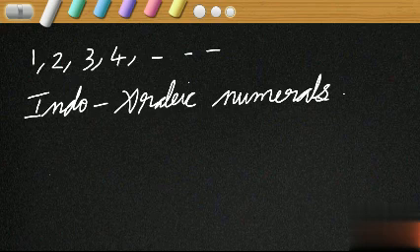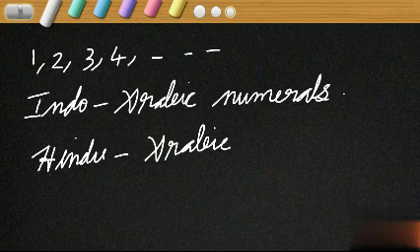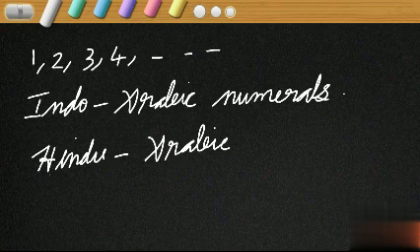Indo-Arabic numerals. In other words, it can also be named Hindu-Arabic, both are the same. These numbers can be named Hindu-Arabic numerals or Indo-Arabic numerals. The word Hindu is not indicating the Hindu religion. It is closely associated with our Indus Valley civilization.